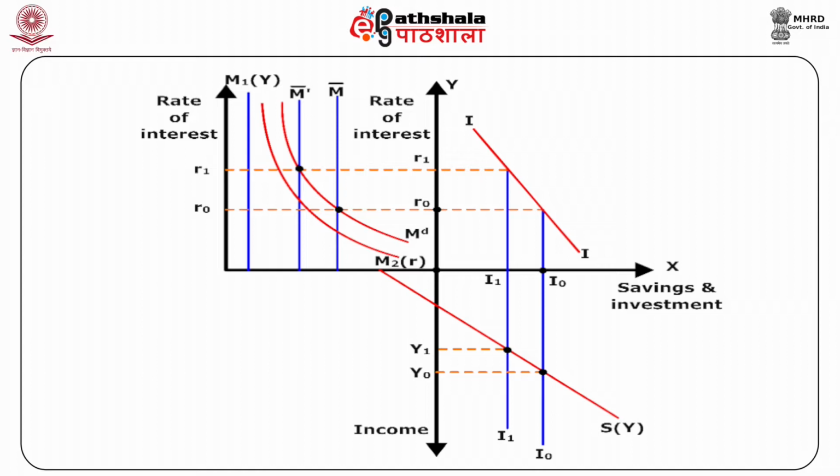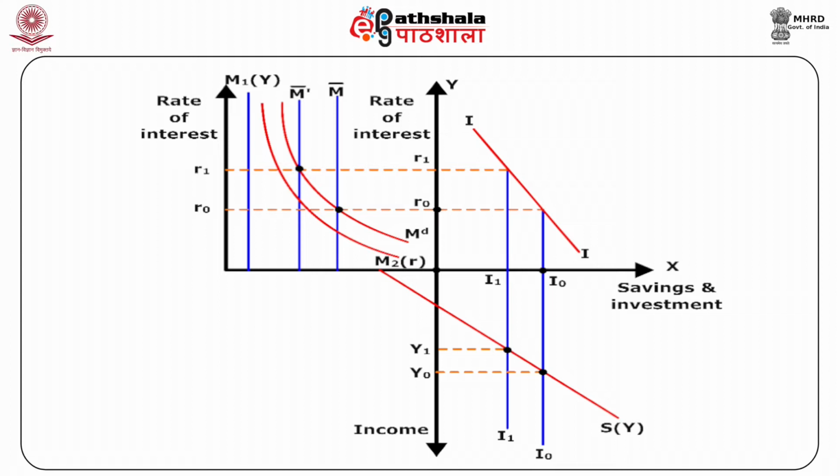Now, suppose we consider a contraction in the money supply from M bar to M bar prime. When there is a contraction, let us reconsider the money market equilibrium. In the money market, the rate of interest is now R1.